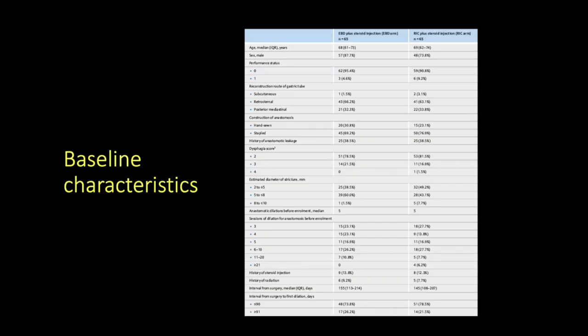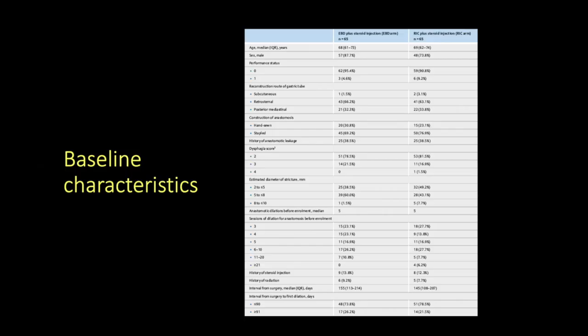In terms of the construction of anastomosis, the majority of patients had stapling of the anastomosis, 69% in the balloon dilation versus 77% in the radial incision and cutting group. The estimated diameter of the stricture was 2 to 5 millimeters in 39% in the balloon group versus 49% in the radial incision group.